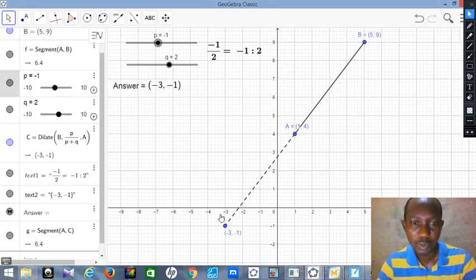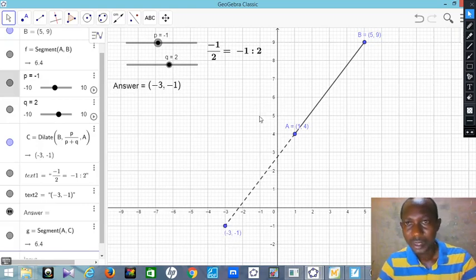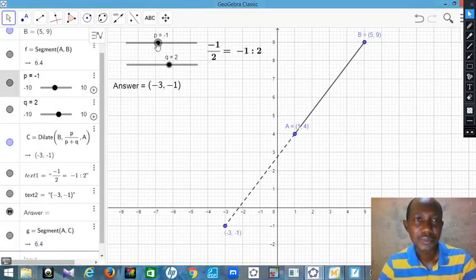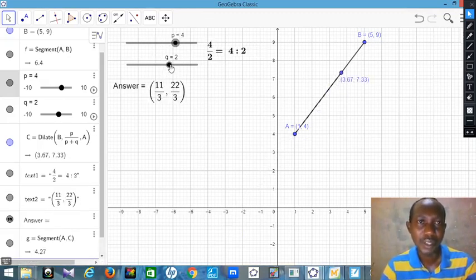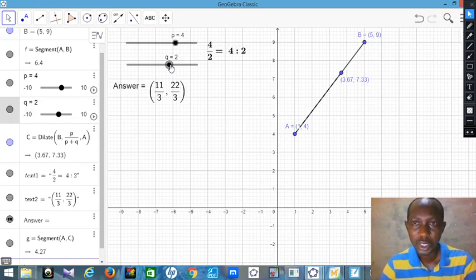You see, -1 will move the answer outside, then +2 will now return back to point B positively. So the target is where will this point be? -1, then +2 to this place, just like that. If P is positive, let's say P is 4 for example, and Q is negative, just watch what will happen.